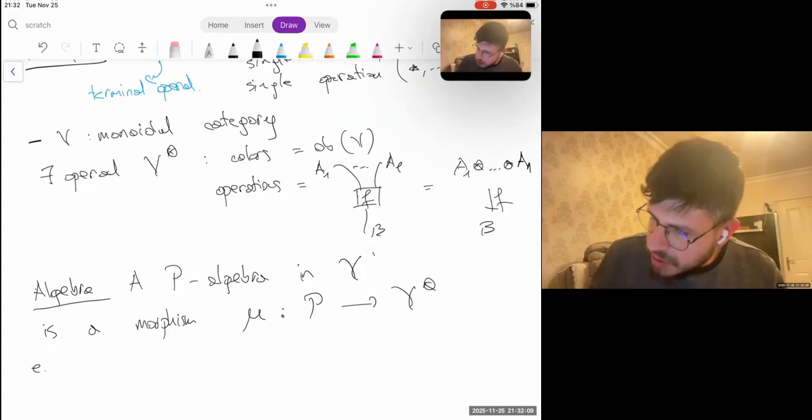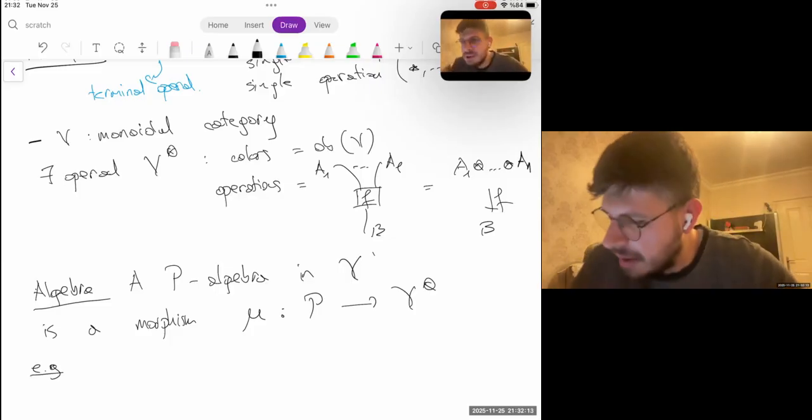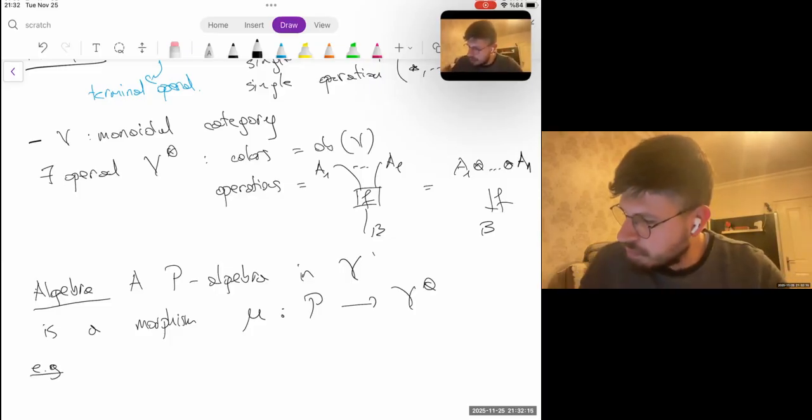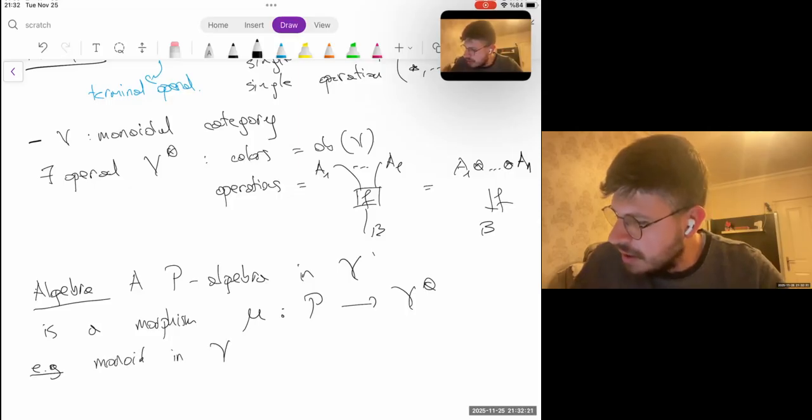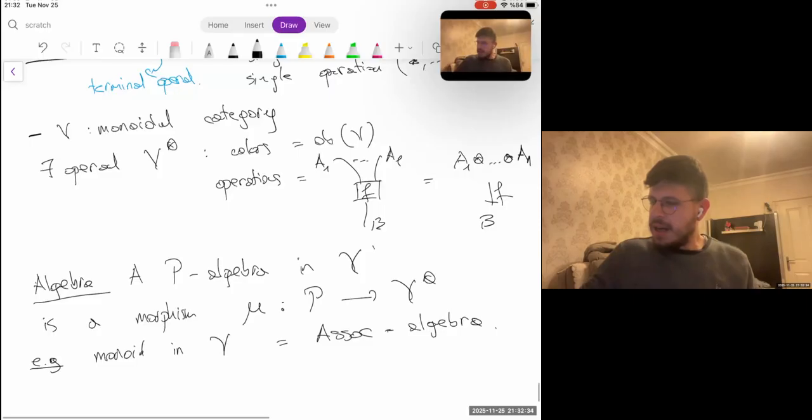And so I apologize for the lack of examples due to time, but a monoid in V is an algebra of the associative operad. Great.